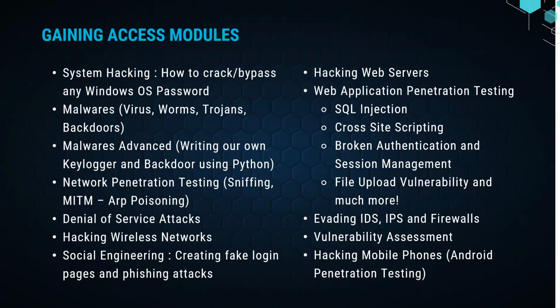Then comes hacking Wi-Fi routers. How do hackers crack Wi-Fi passwords and get access to networks without permission? Then there's social engineering. Every website in this world can be replicated. You can create an exact replica of any website, whether it be a social media page, a bank login page, or your organization's employee login page.